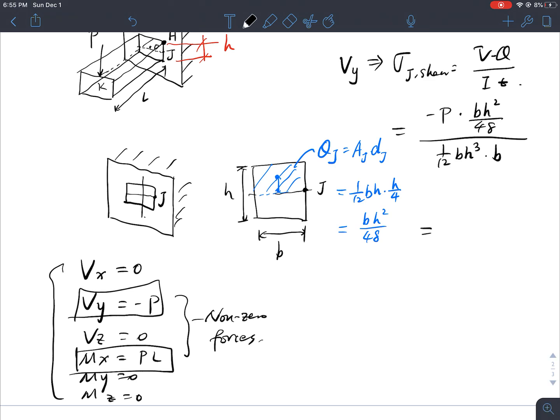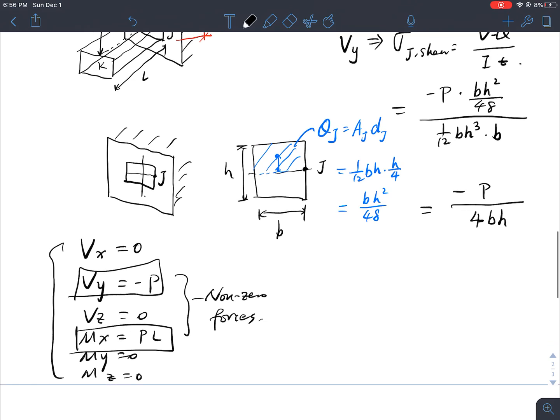So now I have basically a minus P, and h goes to the bottom here, divided by A. This is 12, so 4, and I have a b at the bottom and an h here. So that is my shear stress.